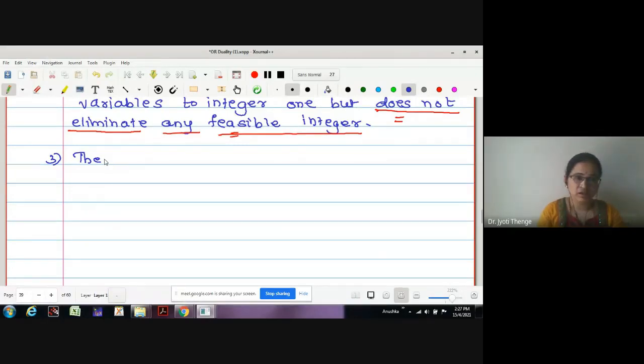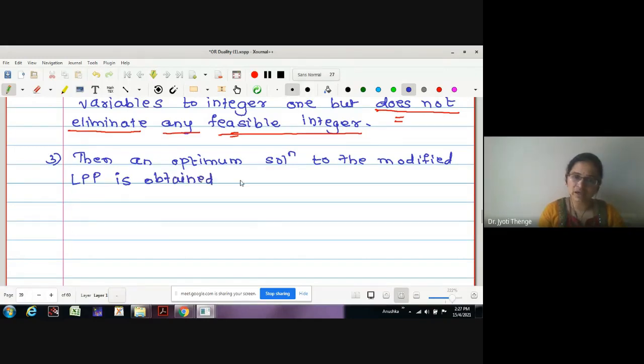Then an optimum solution to this modified LPP is obtained by any standard algorithm. This is what Gomori's method is.